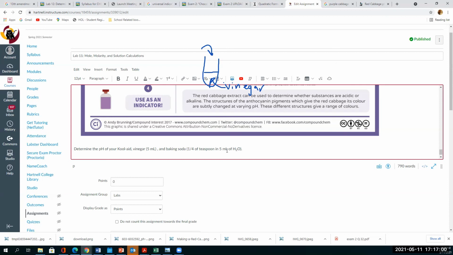So I dipped the pH strip on this one. Okay, and you also need to do it with vinegar. So you could just take a little bit, put a little bit in your lid. So it's like a green. Okay, so then record the color.